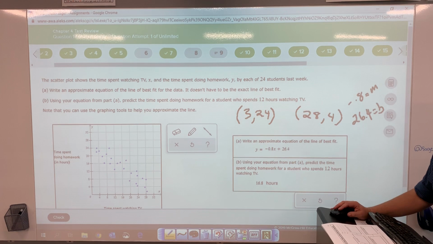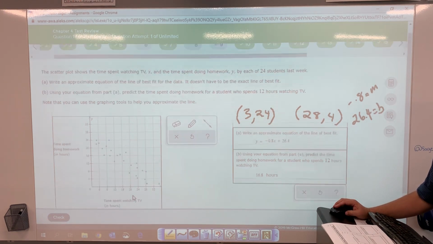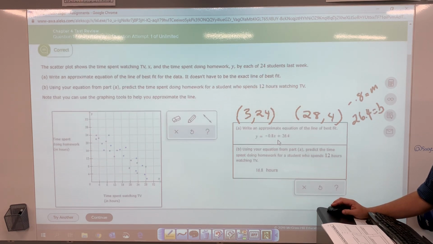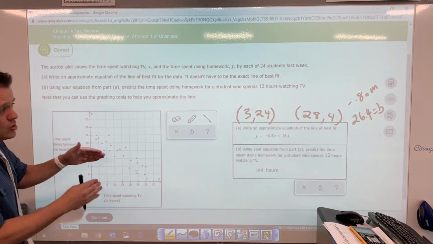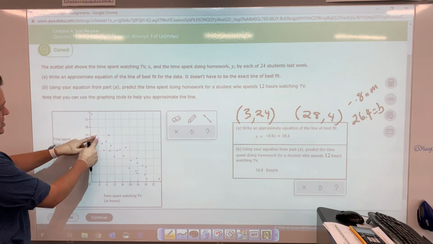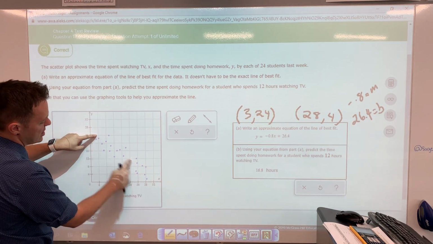Now, hopefully you guys understand that setup. Now let's check my answer. And the answer is correct. Okay, watch the video again if you have to. You guys understood what I did. I used our cheaters chart on Desmos. Pick 2 points. I could have picked this intersection here and this one right here because that's a good line of fit.